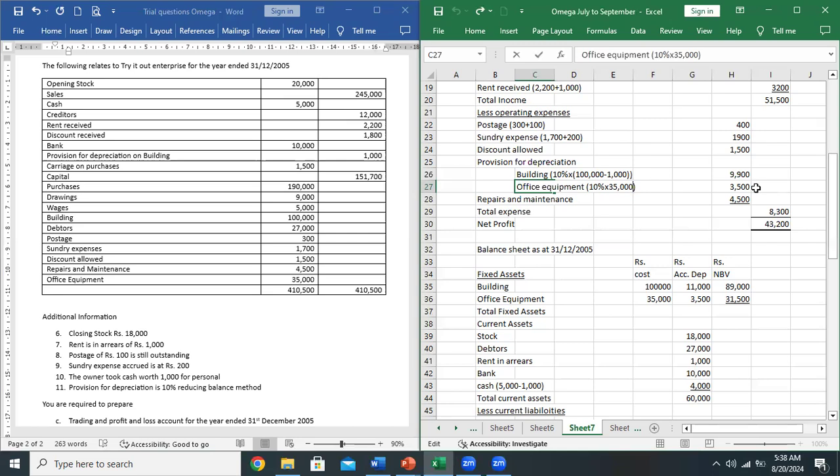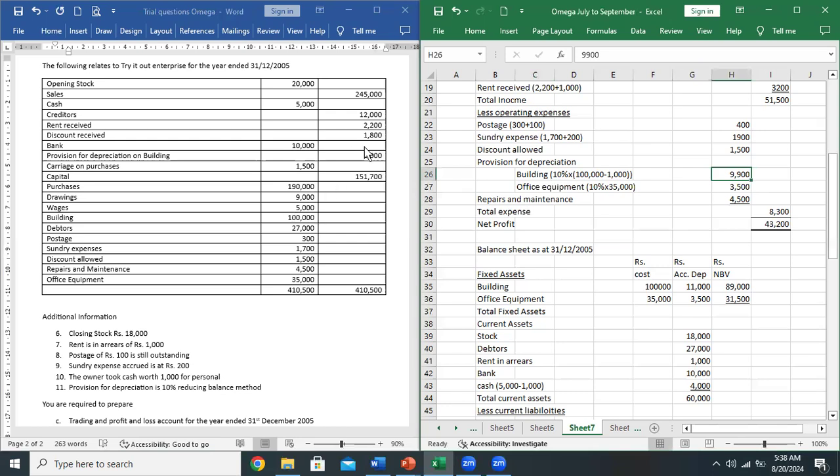So that is the reducing balance. When you pick the cost, check if there is previous depreciation. Less it before you apply the rate. But for the straight line method, you apply the rate straight away on the cost. So I think it makes a lot of sense now. When you come to the balance sheet, it's the same. You pick the amount you got in your profit and loss account, and then you add any amount in the trial balance.